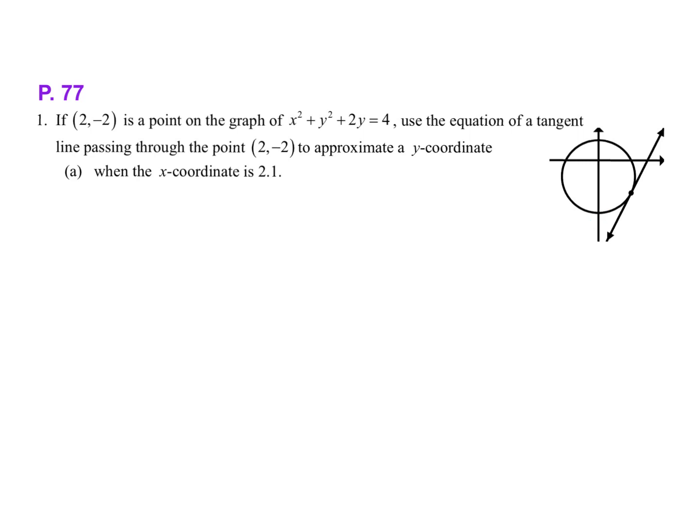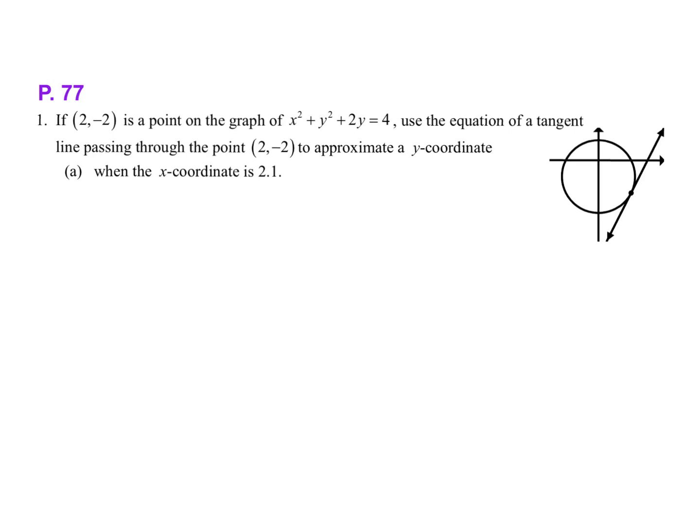And what we're going to do is look at what the value of the function is when x is 2.1. Now, of course, you could go in and plug 2.1 in and try to solve for y and do it that way. But what we'll find is that the process is simpler when we use local linearization approximation.